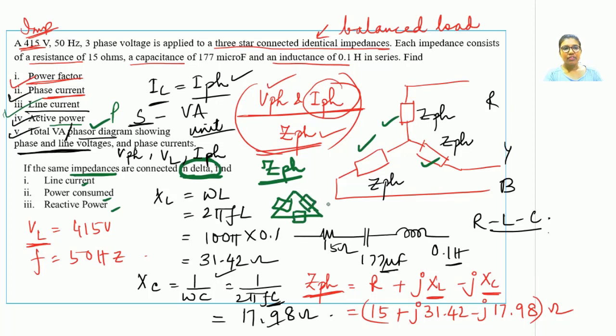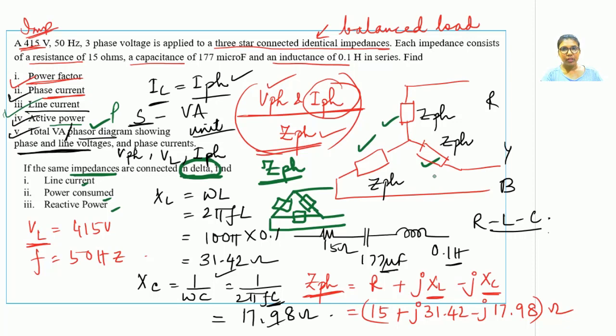This is a very crucial point, and I am repeating it once again. Same impedances connected in delta mean keep the load impedances in each phase the same. Just change the structure. It is asking us to change the structure from star to delta, keeping the load value same.